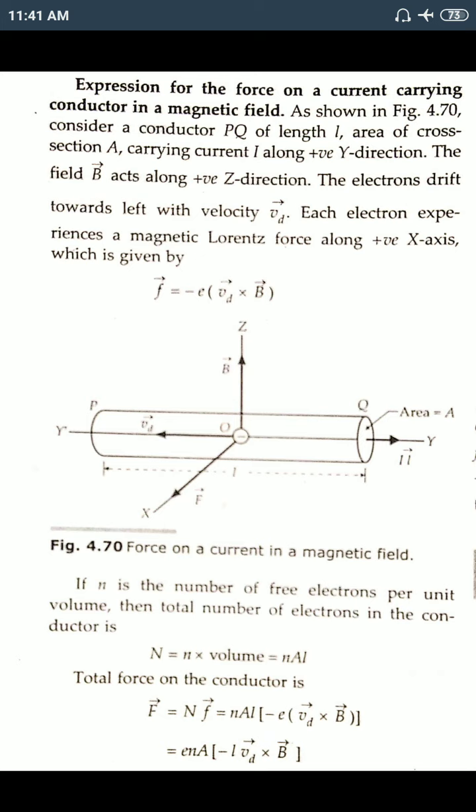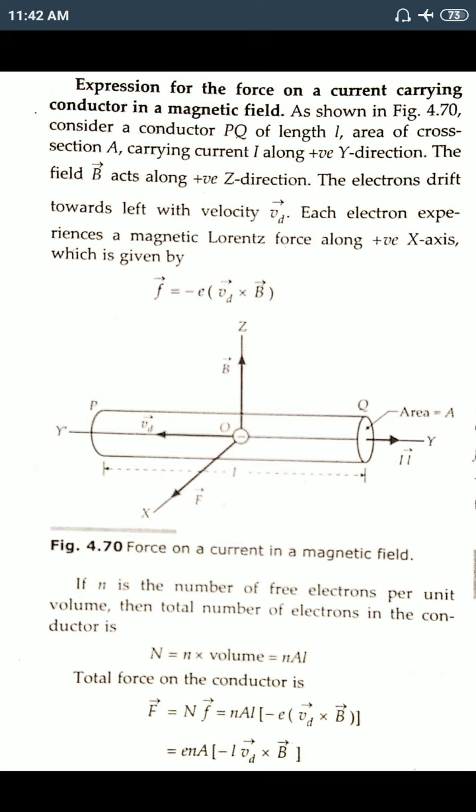We already discussed the magnetic Lorentz force and how to understand its direction. Applying that, the force acts along the positive x-axis as shown in this figure, and this force is F equals minus E into Vd cross B, because we have the formula F equals Q into V cross B. Here we talk about the electron, which has negative charge, so we write minus E. Vd is the velocity with which the electrons drift, so in place of V we write Vd cross B. Clear?